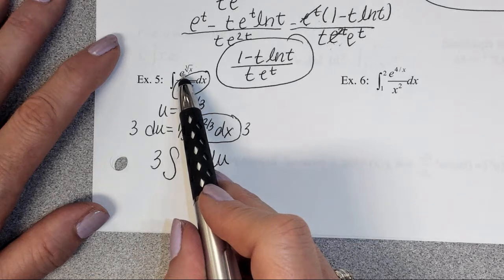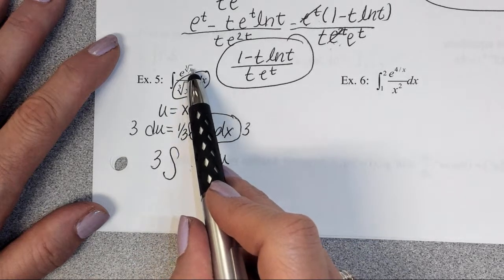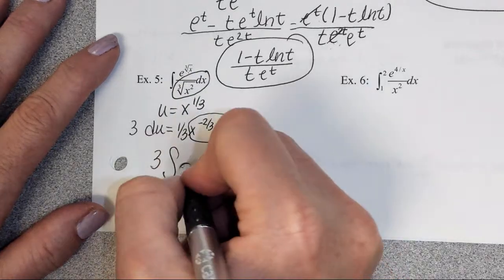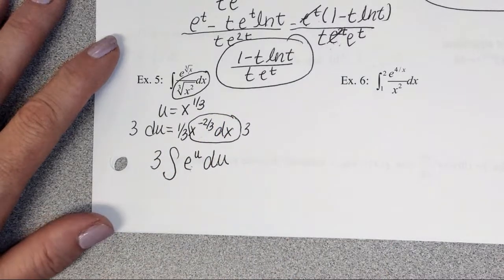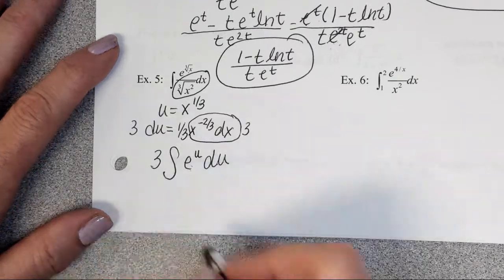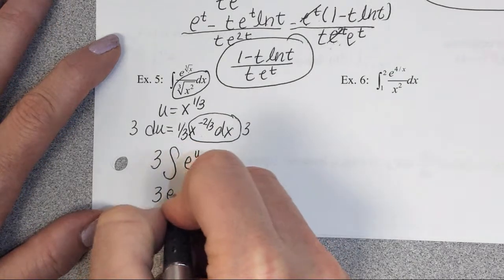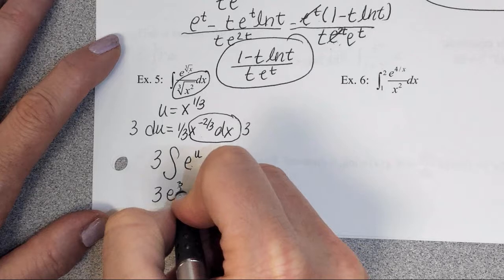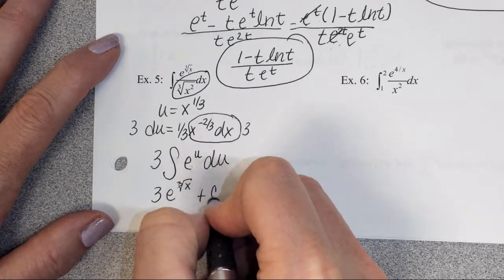Then what is this going to get replaced with? E to the, what's that? U. So that very complicated looking problem just turns into this, and that's easy to integrate. What is the integral of e to the u? E to the u. So it's going to be 3e to the u plus c.